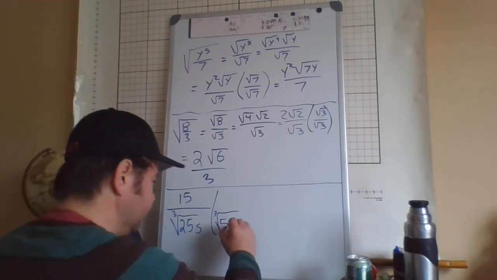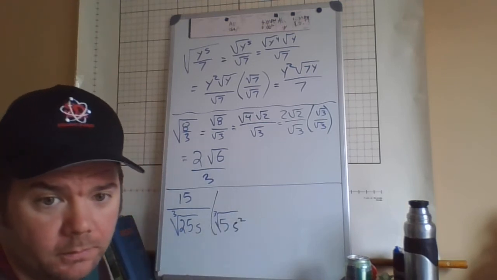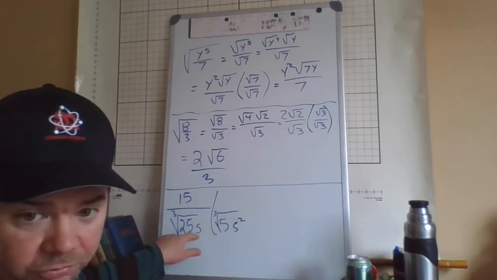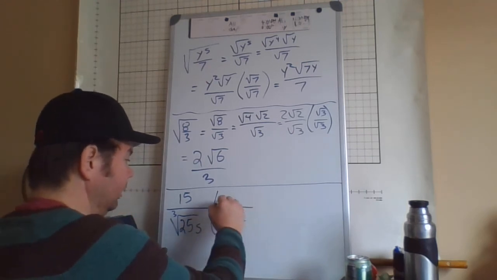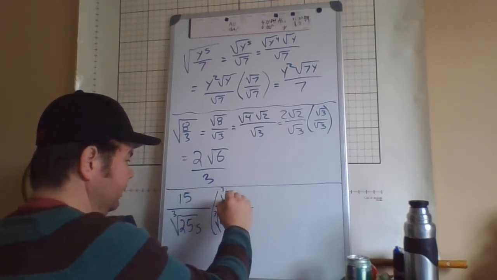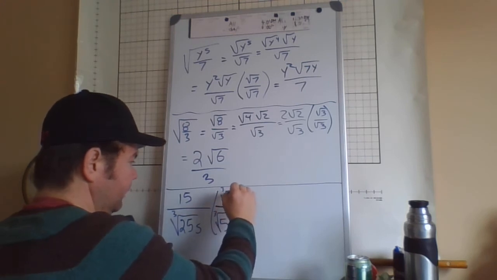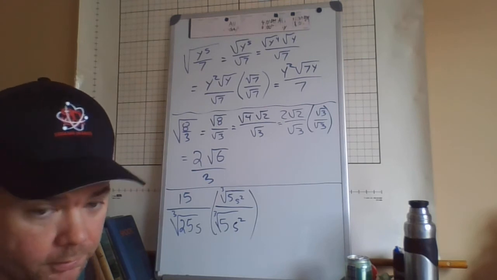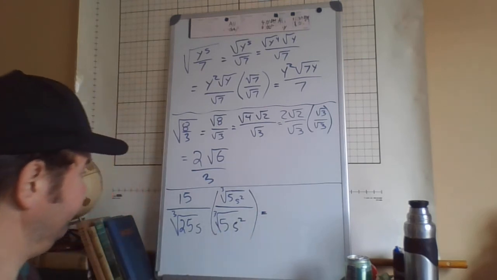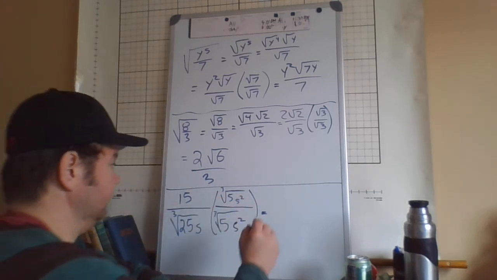Well, s times s squared will make this portion of it become a perfect cube. So I'm multiplying numerator and denominator by the cubed root of 5s squared.